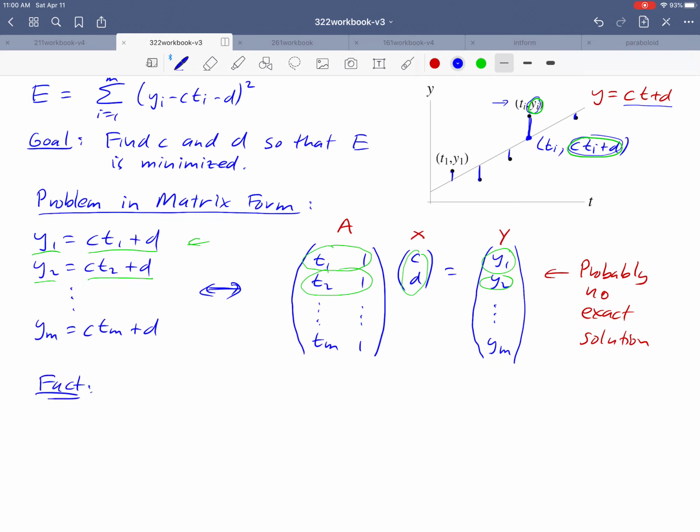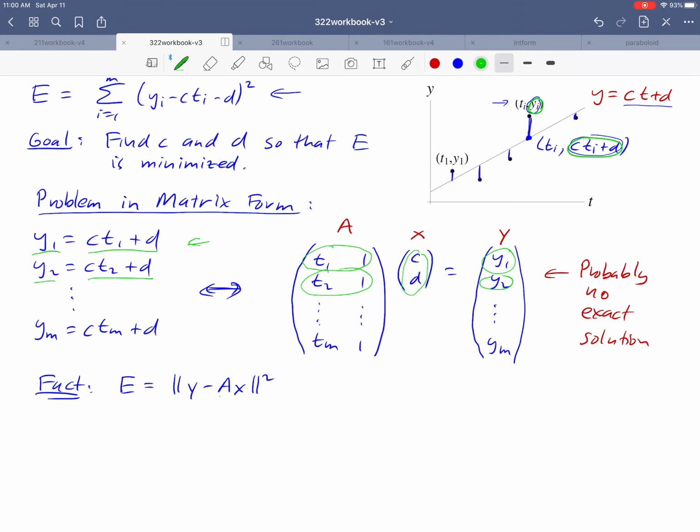As we search for that best approximation, I want to start by noting a fact here. You remember up at the beginning, we had a formula for the error that we'd like to minimize. It turns out that in terms of this new notation, this A, x, and y that we introduced, that same error winds up being the norm of the difference between y and Ax, squared. You could confirm this by direct calculation.